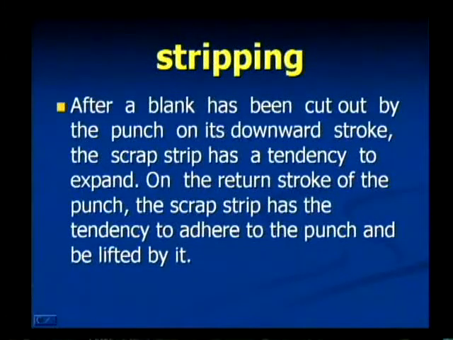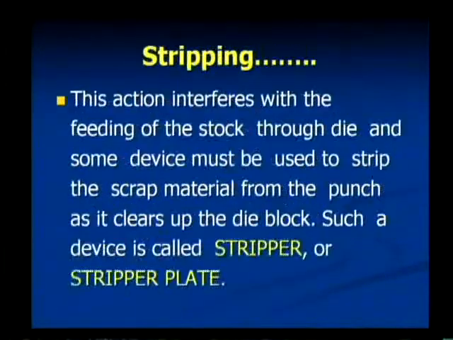So, this is a very important operation to be carried out in a punching operation. Stripping. This action interferes with the feeding of the stock through the die, and some device must be used to strip the scrap material from the punch as it clears up the die block.